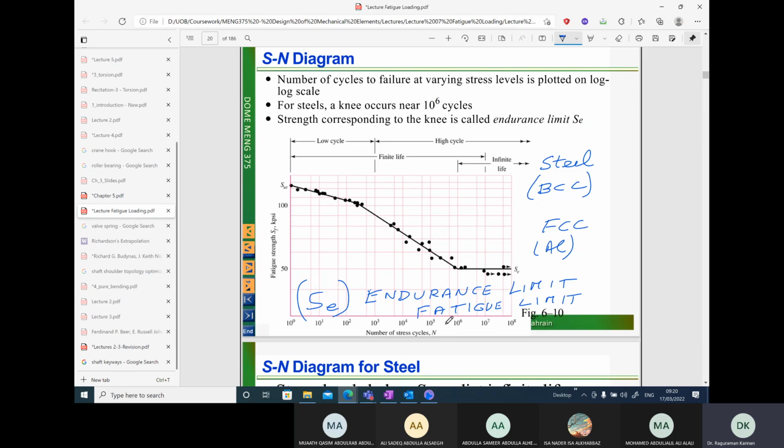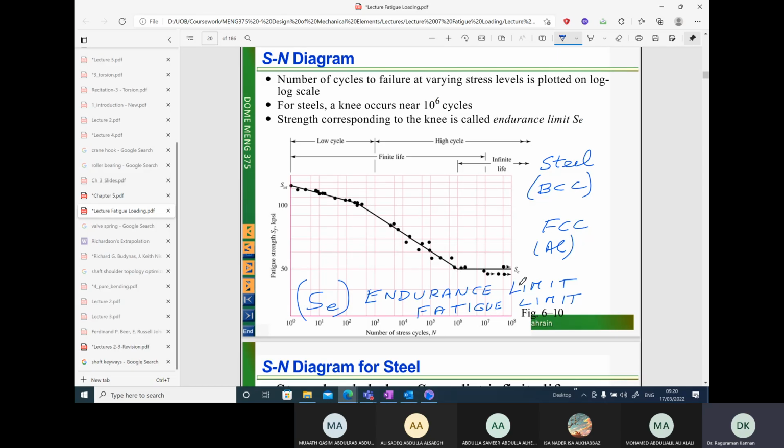Now usually the endurance limit or fatigue limit is reached for most of the materials around 10 to the power 7 cycles, or 10 million cycles. When it reaches 10 million cycles, then the endurance limit or fatigue limit is reached for most of the BCC structured materials. However, if you go for FCC structured materials, then there is a problem.